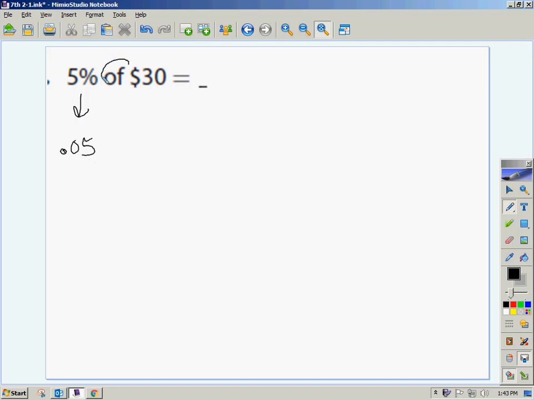Mathematically, this word is important. What does of mean? Multiplication. So don't make this harder than what it is. All I'm doing is what? Multiplying 0.05 times 30.